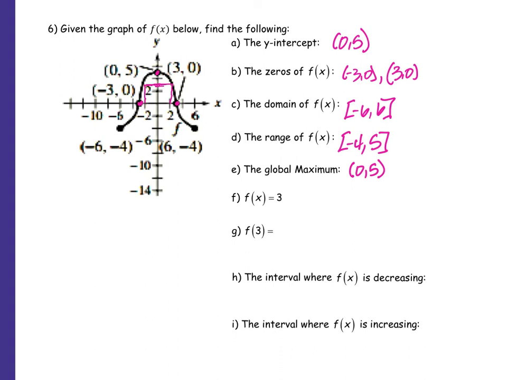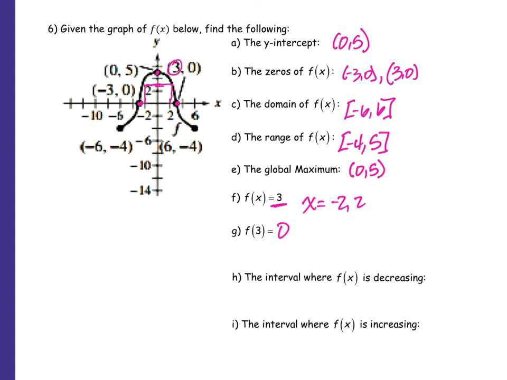If y equals 3, not x, this is y. So if y equals 3, what does x equal? -2 and +2. I think you're answering G, which says if x equals 3, so here's x equals 3, what does y equal? 0. Do you see the difference between the two questions? Okay, awesome.